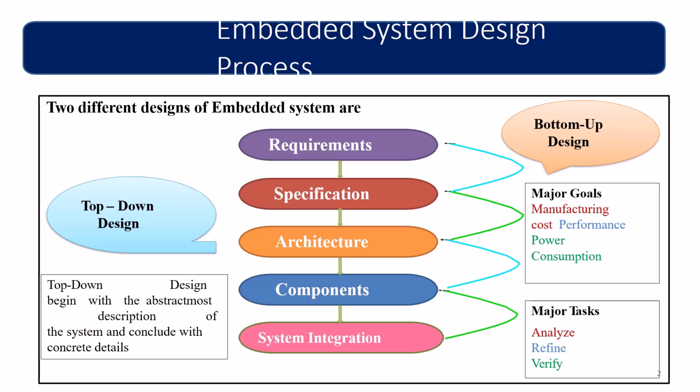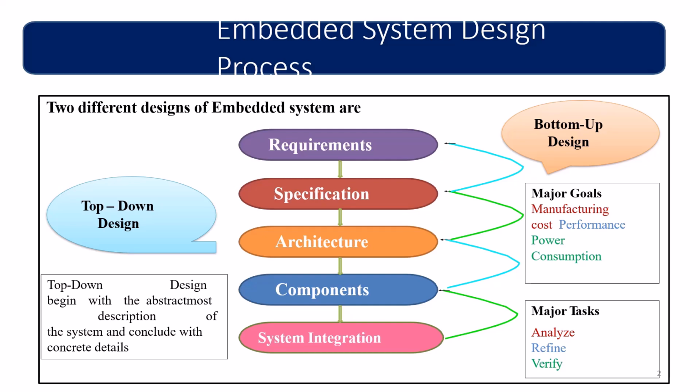So what do we mean by top-down design? Top-down design means, suppose you are designing a new product that is not available in the market. Then what will you do? You have to collect the requirements. Let us consider you want to design one product.